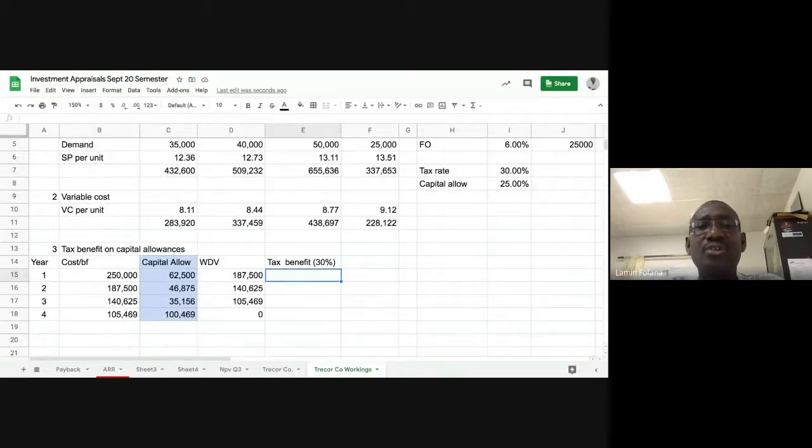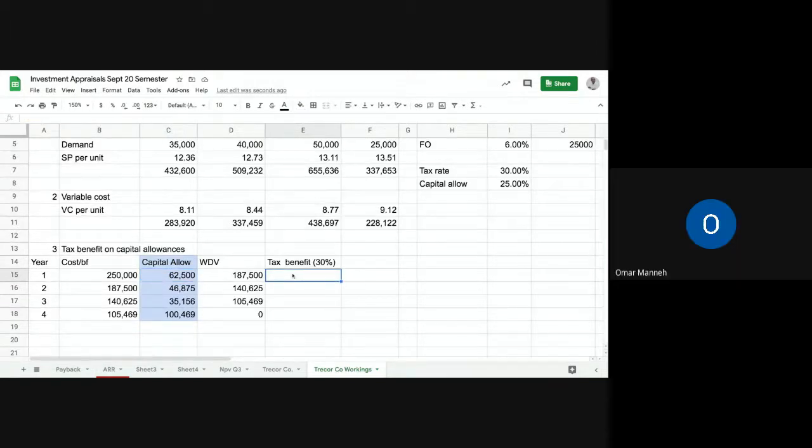So Umar, take note, it's not going to be 25%. The 25% is for calculating our capital allowances. When we are calculating our tax, our tax cost is 30%. Our tax benefit will always be 30% on the capital allowance. Is this clear? Yes, it is.